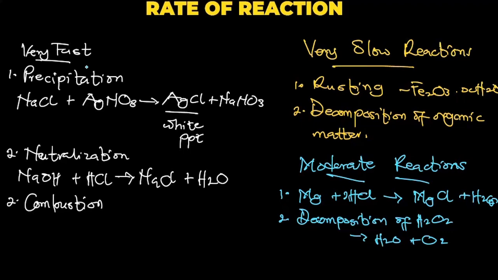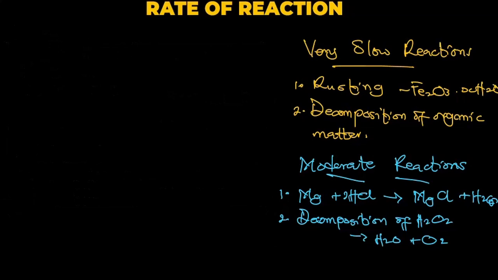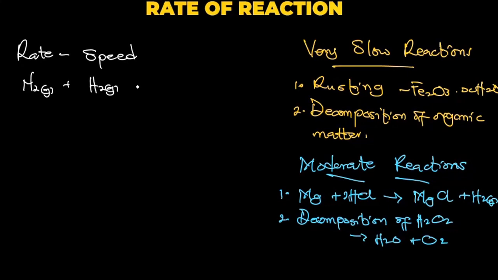So I've been using the term rate. Now if we say rate, we are basically talking about speed. We're talking about the speed of the reaction, how fast the reaction can occur or how slow the reaction is occurring. So this is rate. Now let's take a moderate reaction such as the reaction involved in the Haber process where we have N2 gas with hydrogen gas giving us ammonia.